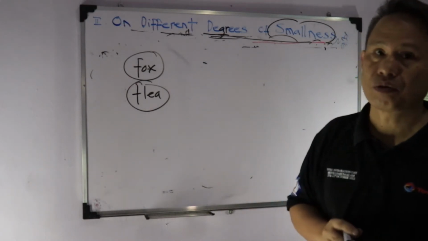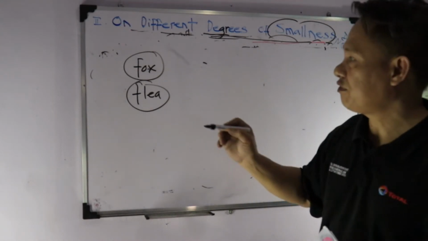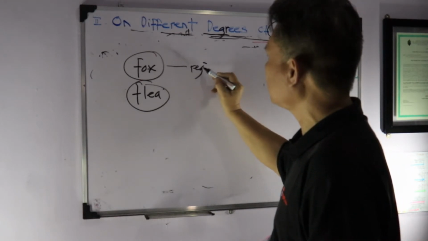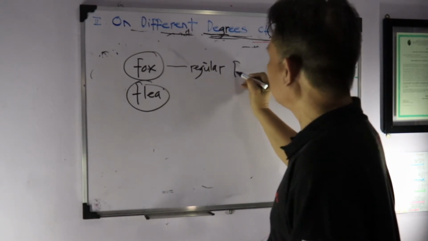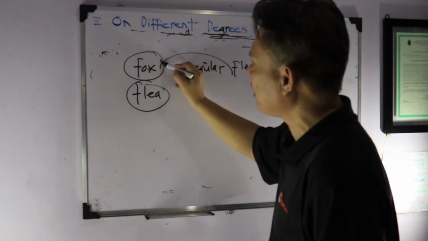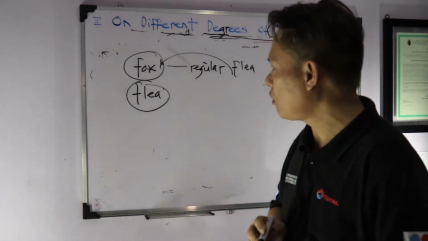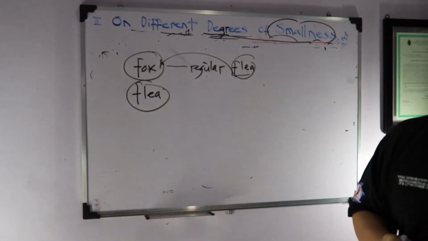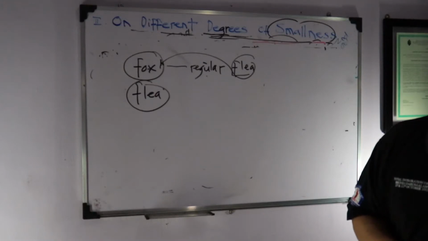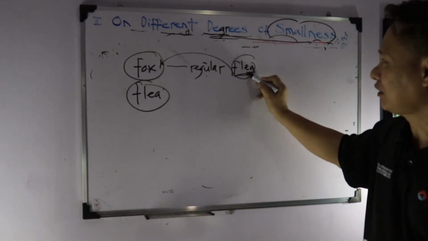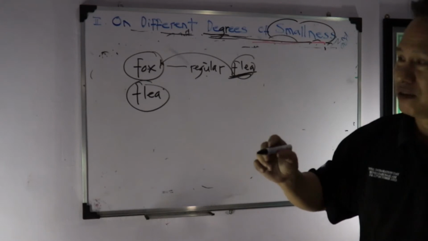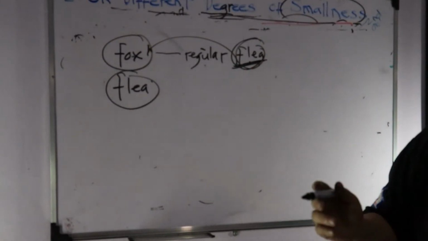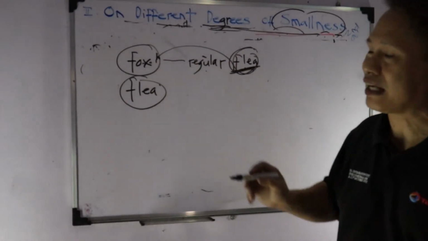A fox would mind if it has a portion of that, if it's only a regular flea that would try to bite the fox. A flea is just a parasite insect that would try to inflict on the fox.